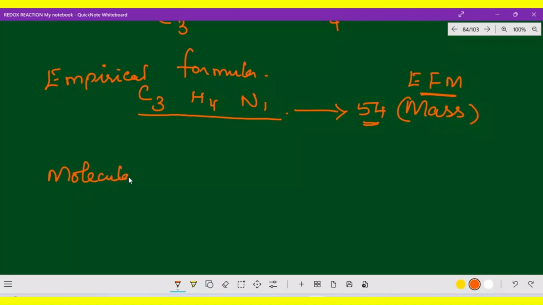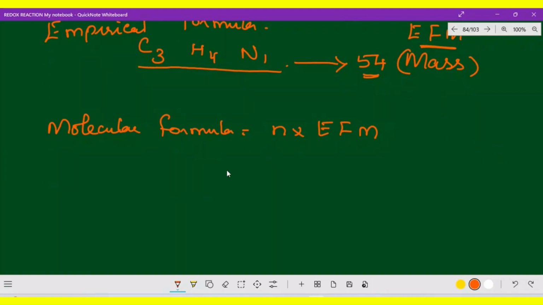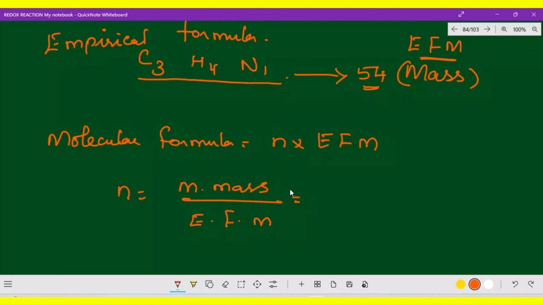So molecular formula equals N into empirical formula, so N into empirical formula mass, which is 54. Here N equals molecular mass by empirical formula mass. Molecular mass we know: it is 108 gram per mole, as mentioned in the question.